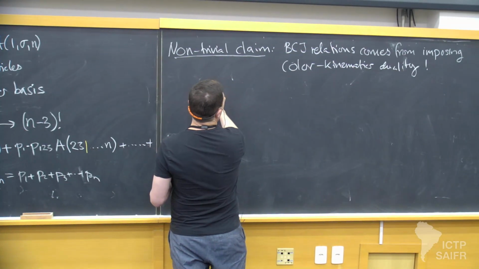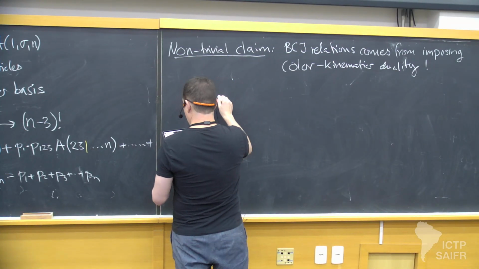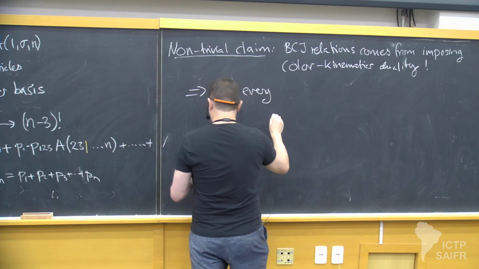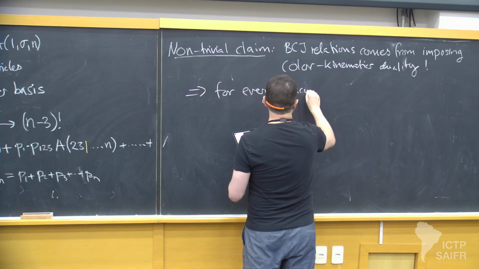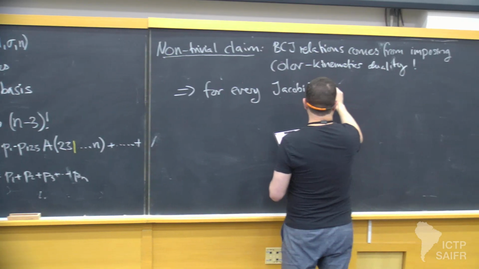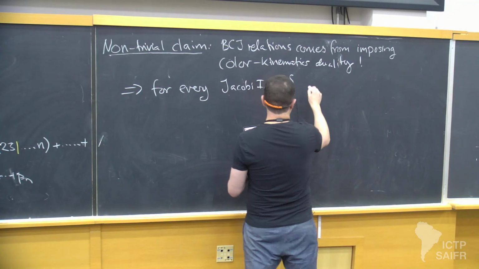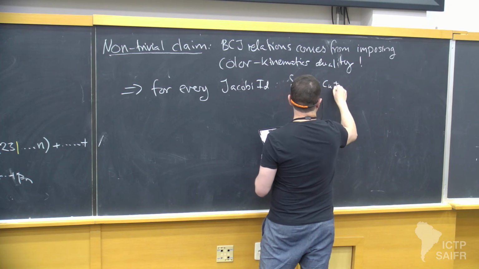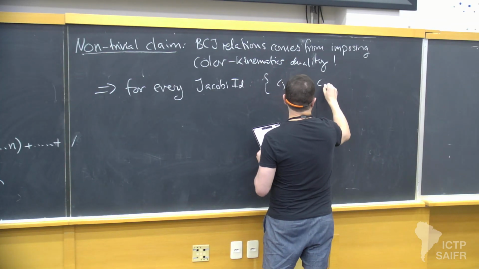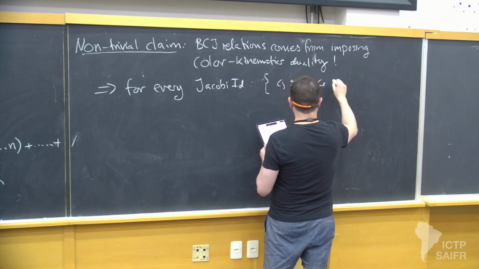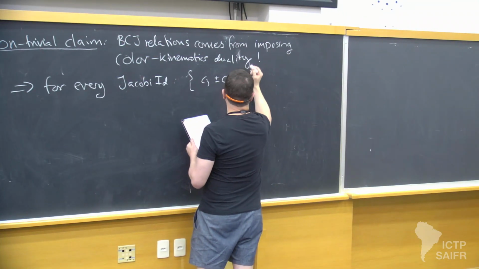So for every color Jacobi identity, which takes this form, something like that, equal to 0.